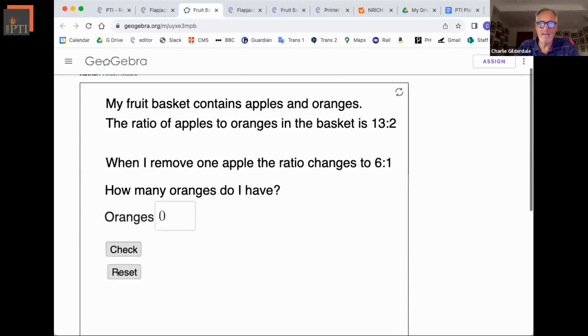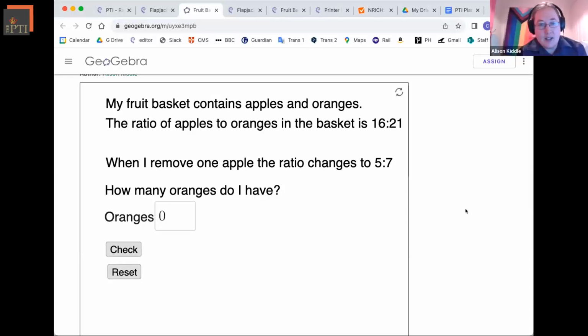I'm going to reset, and I'm going to reset again until I get something that looks interesting, because when I first did this, I was getting some which were a little trickier.